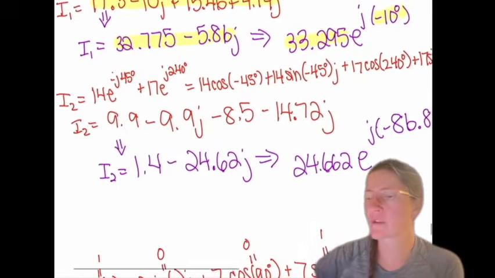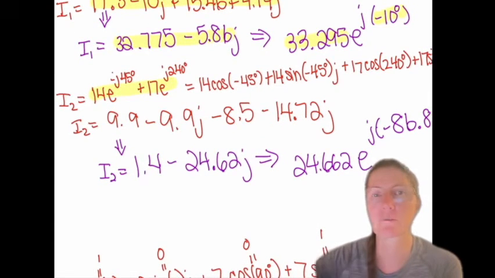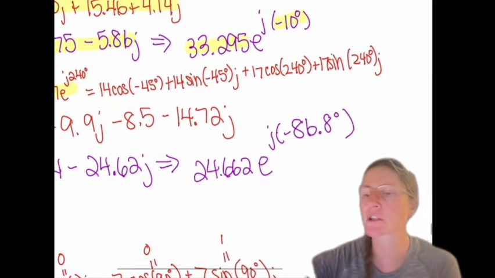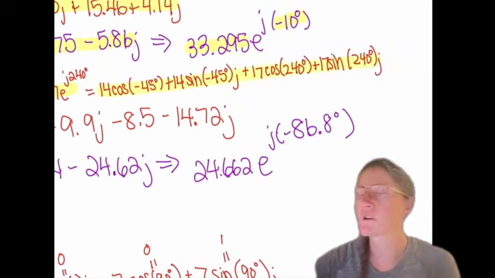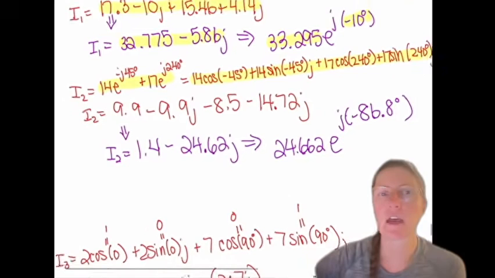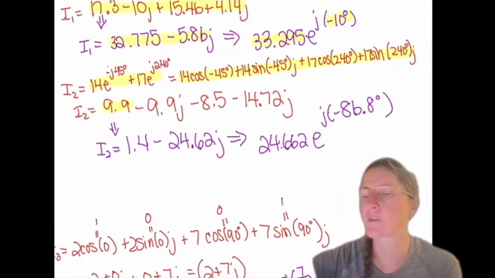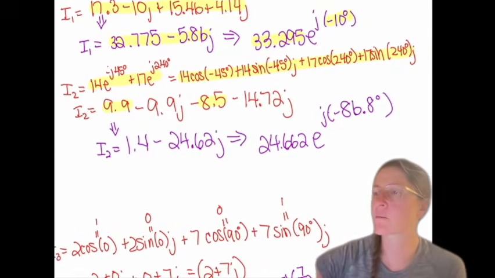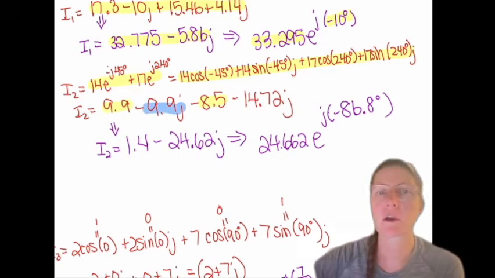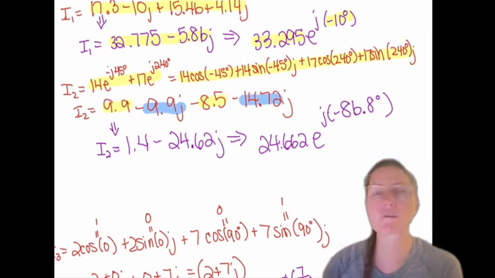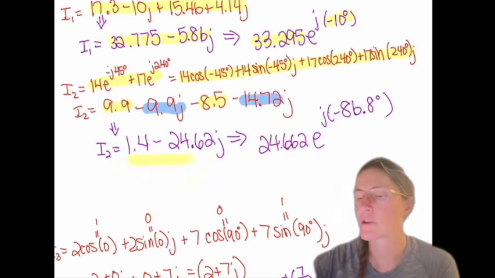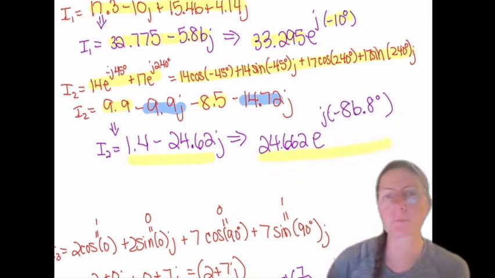So then again, convert those into the phasor form, and then change them back into rectangular. And then add the values that are the same. So the 9.9 and a minus 8. And then minus 9.9 and a minus 14.272, and then you're going to have a rectangular form, and then change that into polar.